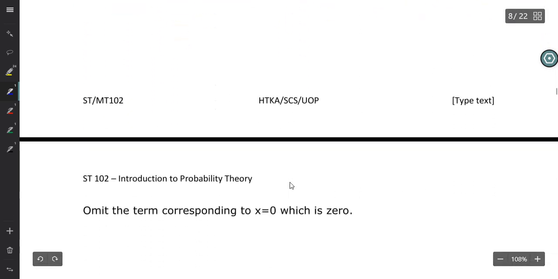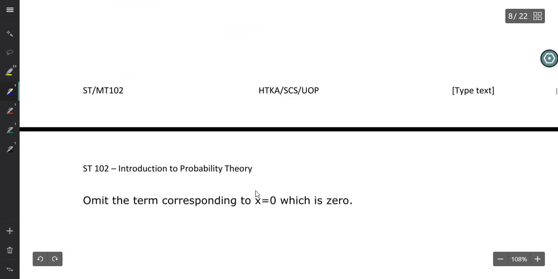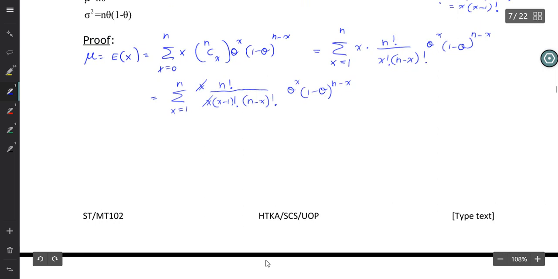Okay. So you have already omitted x equals 0, which is 0. Now let's see what we have here. So our mu is, you can take one theta out. Okay, so here's another trick.